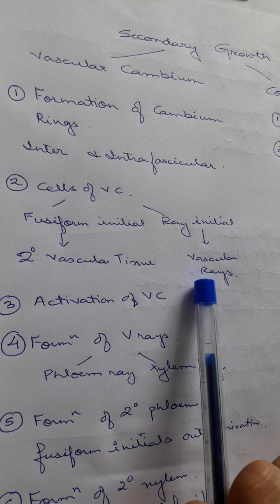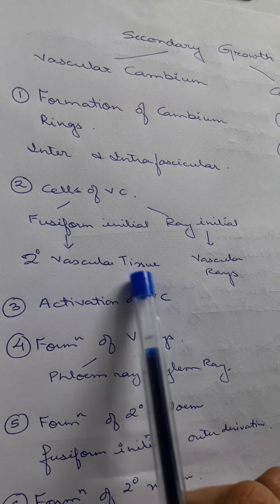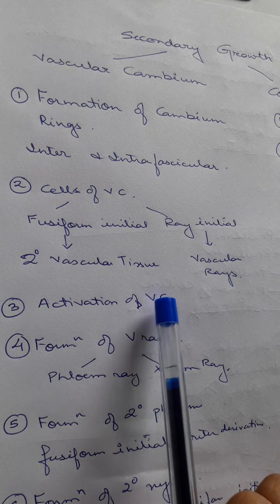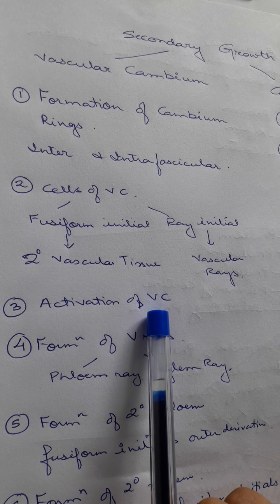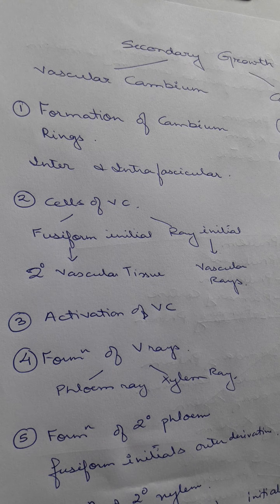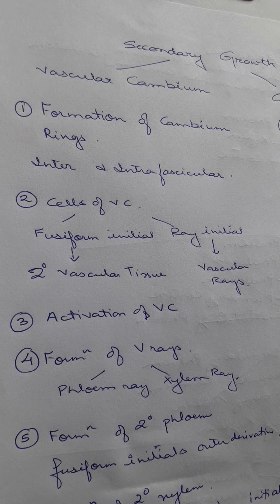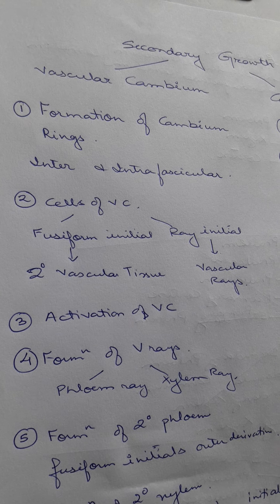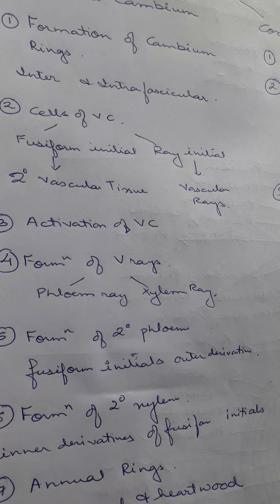Vascular rays means xylem ray, phloem ray, like that. Okay? Then how do they become activated? The vascular cambiums become activated due to hormonal secretions, availability of nutrients, favorable temperature, photoperiods, availability of growth stimulant. All these factors help to activate the vascular cambium, and once they are activated, their division starts.